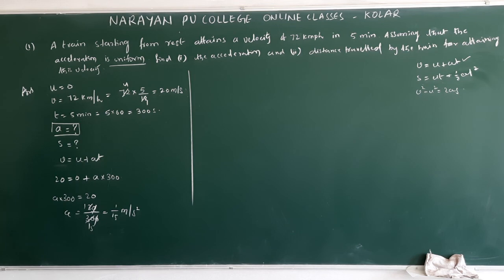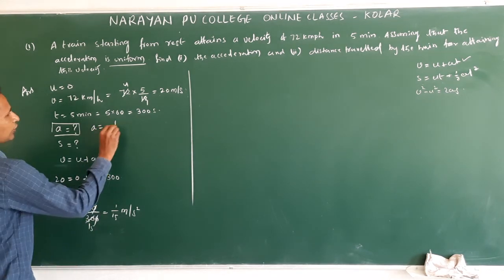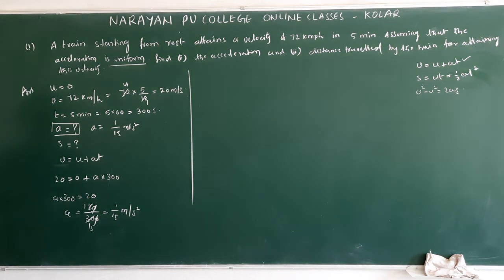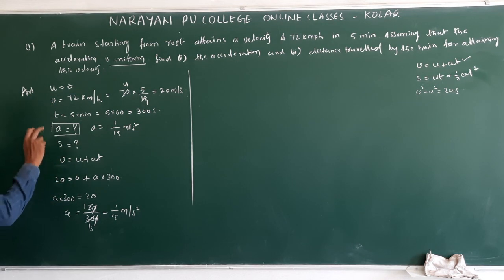Clear? Next, they ask s, distance traveled by the train. Now we came to know a is equal to 1 by 15 meter per second square. Now we have u, we have v, we have t, we have a.